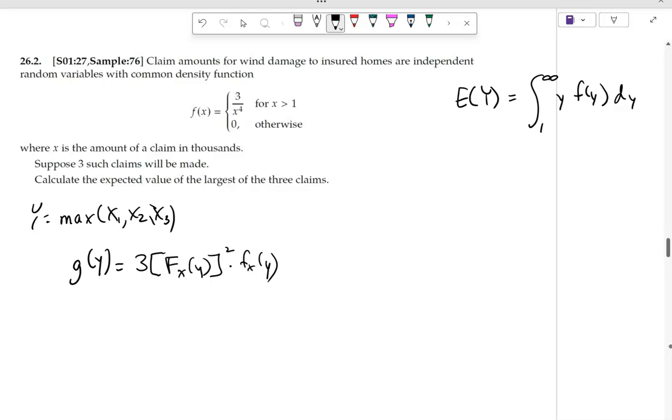We have the PDF. How do we get the CDF? What do we need to do? Integrate, right? Our lower limit is 1. Our upper limit will be the x, because I've got to go from 1 up to an x. And then integrate your PDF.